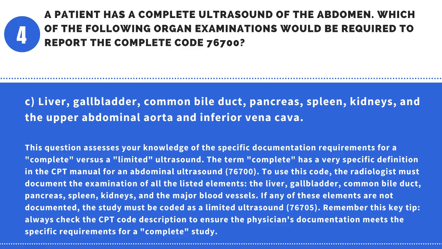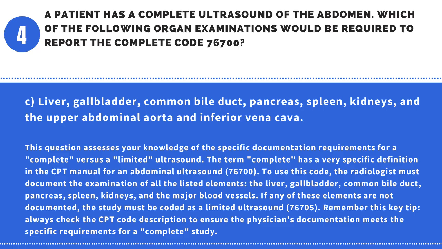This question assesses your knowledge of the specific documentation requirements for a complete versus a limited ultrasound. The term complete has a very specific definition in the CPT manual for an abdominal ultrasound, 76700. To use this code, the radiologist must document the examination of all the listed elements: the liver, gallbladder, common bile duct, pancreas, spleen, kidneys, and the major blood vessels.